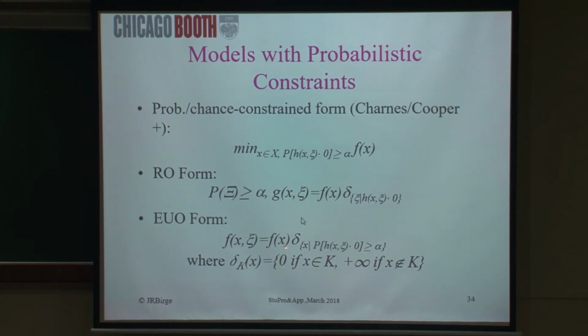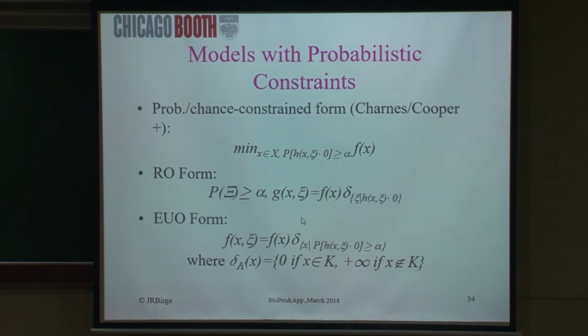So I'll pay f of x if I have an x such that the probability of h being h of x and c being less or equal to 0 is at least alpha. And I think that's the same as the robust optimization, that my G is a G such that it's infinite if I choose any C that gives me a probability that's less than alpha.